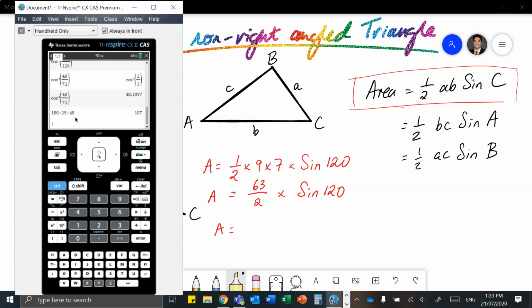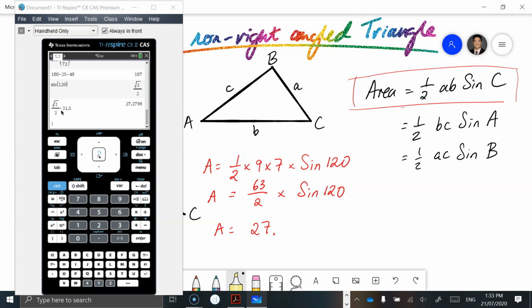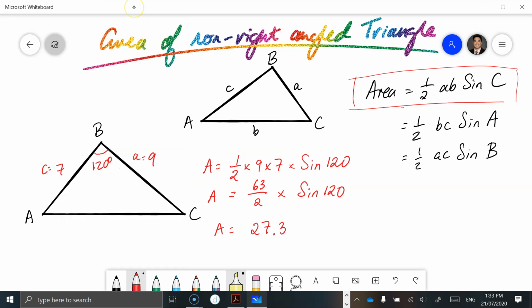Okay, so sine of 120, close brackets, is equal to that, and then 31.5 times that is equal to 27.3. And let's just hypothetically say that these were in meters, then we're looking at meters squared.